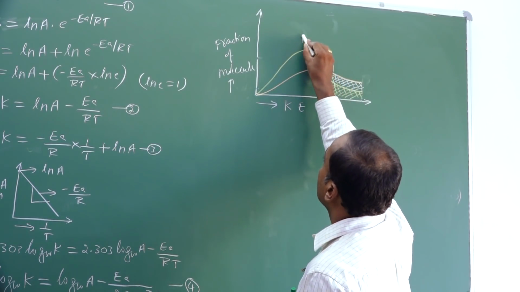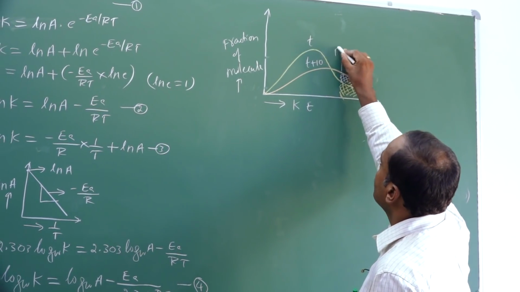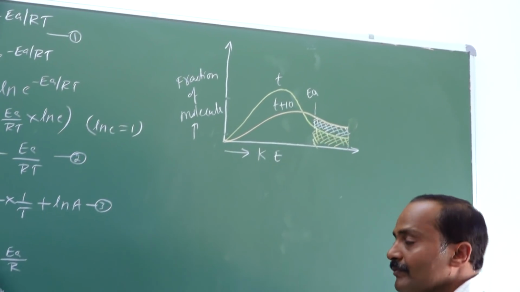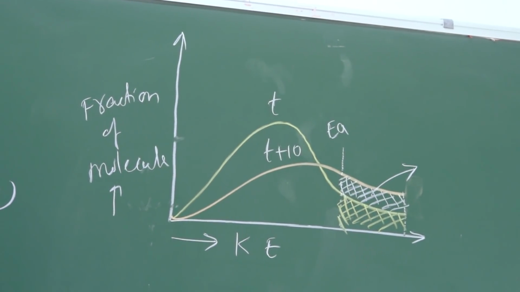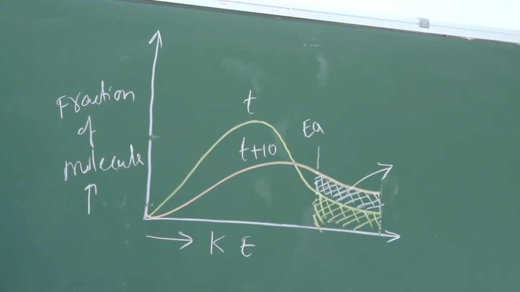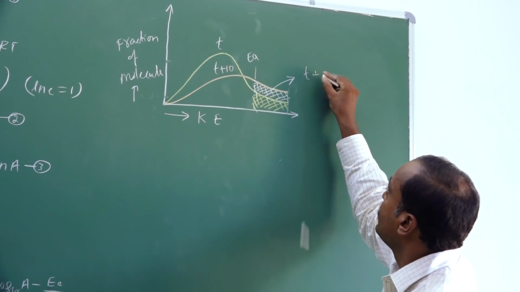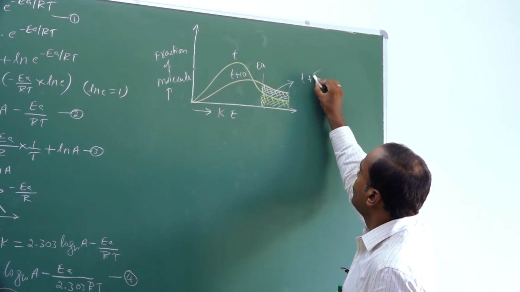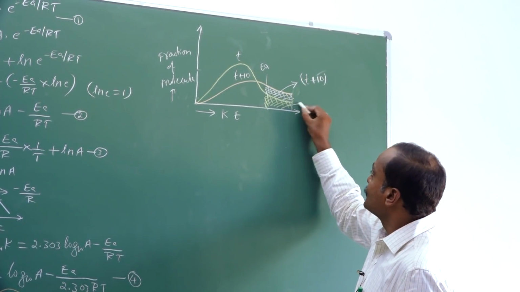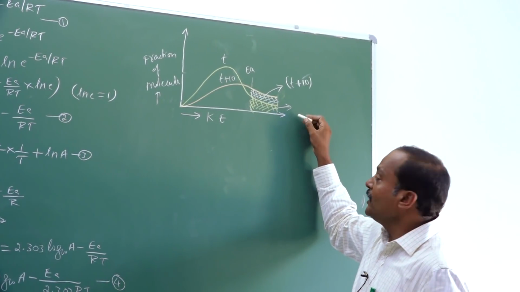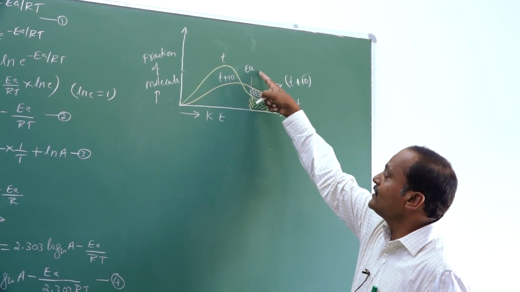It is T plus 10. This is activation energy. This area shows the fraction of molecules reacting at T plus 10 degrees. This area shows the fraction of reactive molecules at T. Okay, this is activation energy.